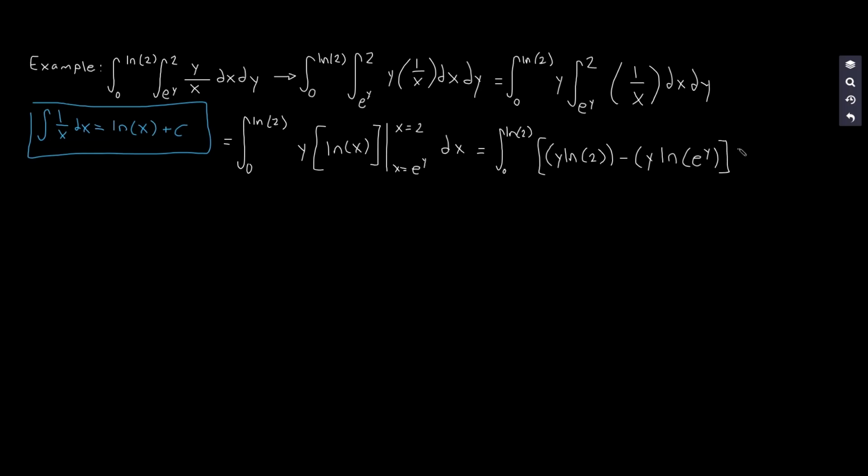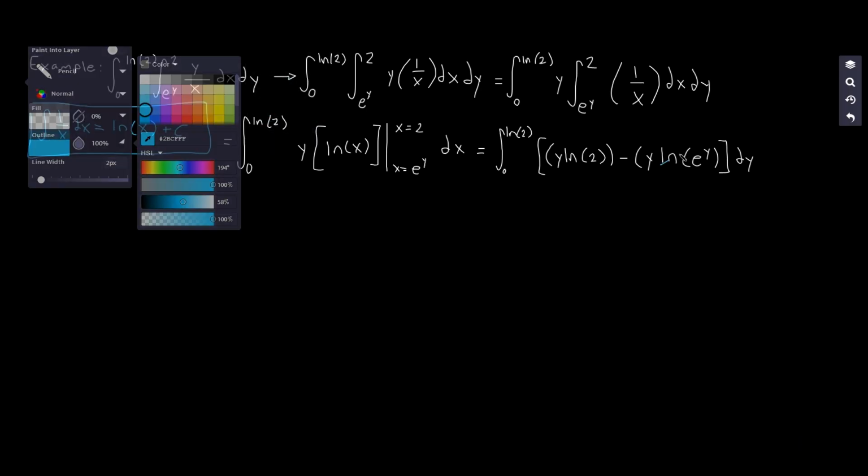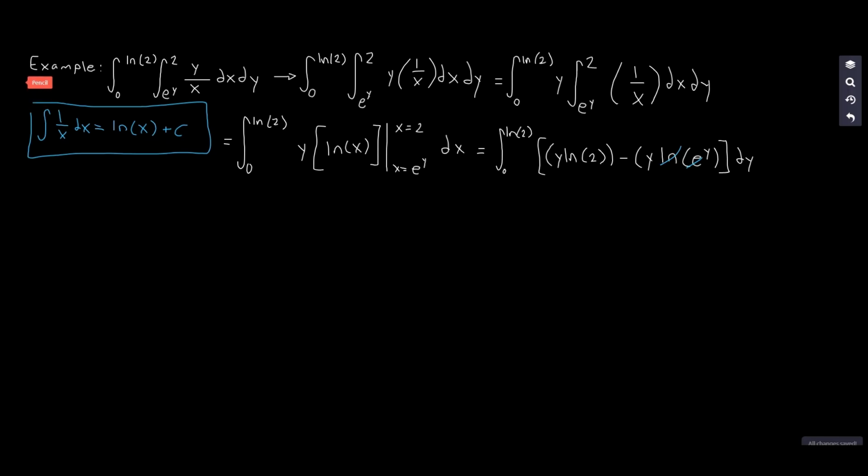Upon doing that, we're going to have these inverse operators interacting with each other where they cancel. And it's going to turn into the integral from 0 to the natural logarithm of 2 for y times the natural logarithm of 2 minus y times y, integration with respect to y.